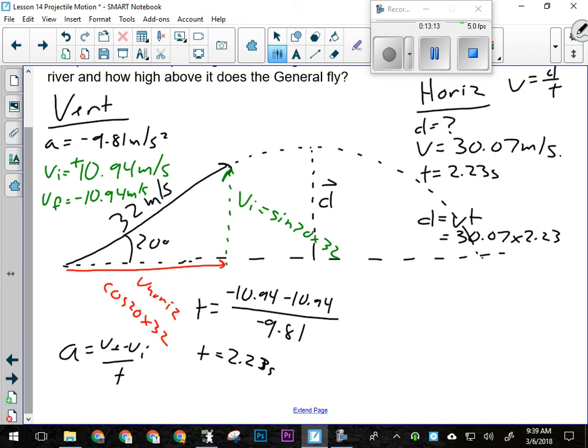So its final velocity at its maximum height is 0. So I know final velocity. I still know my initial velocity because that hasn't changed, and I'm looking for the distance. I also still know the acceleration because that hasn't changed. So I have VF, I have VI, and I have A, and I'm looking for D.